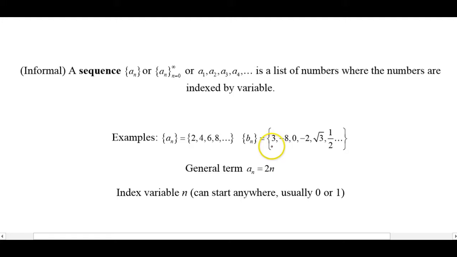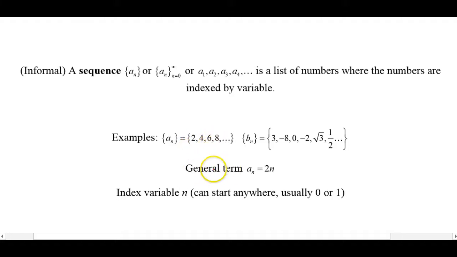But for our purposes, we're mainly going to deal with sequences that do have some recognizable pattern. There's an obvious recognizable pattern in A sub n. To get from one number to the next, we have to add 2 every time. When we can find a pattern, we want to find a way to represent the general term so that we can find the 100th number in the sequence without having to compute all of the 99 numbers before it.